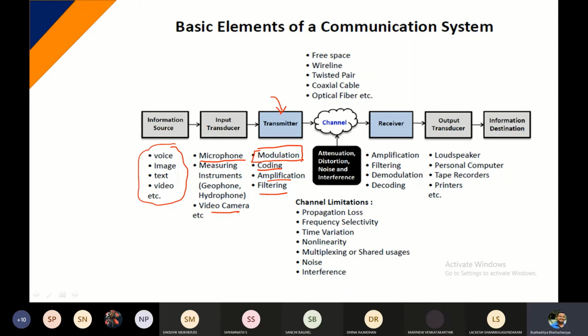So we are not going to discuss much over here, but I would like to mention these two terms, amplification and filtering, because from the term itself you can understand that amplification is a process in which the signal is boosted. Maybe it's a weak signal and it's boosted up to reach the destination. Just like, for example, I am talking over here. Now suppose I talk in a very feeble voice.